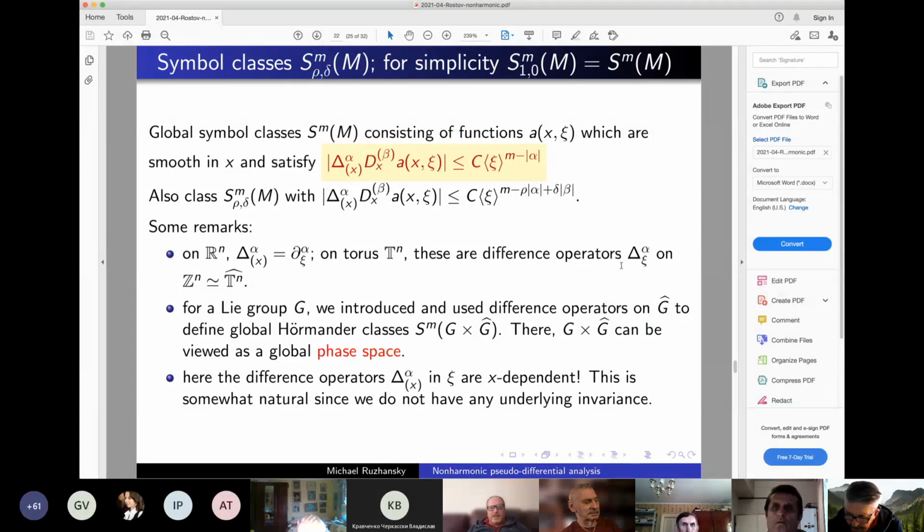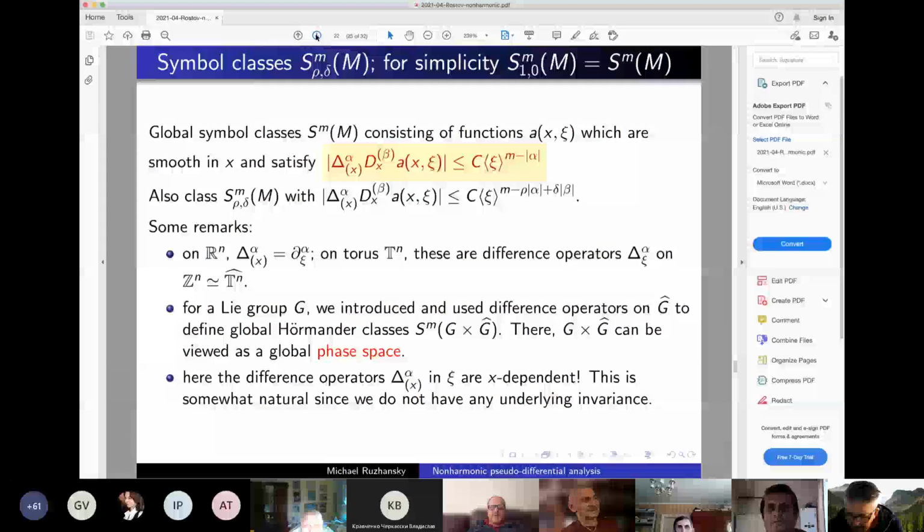But they are for these general operators. So on groups, these operators do not depend on x, but this is because we have a group structure. Here we are in a non-harmonic analysis situation, so we don't assume any underlying structure. That's why these difference operators act in xi, but may depend on x.